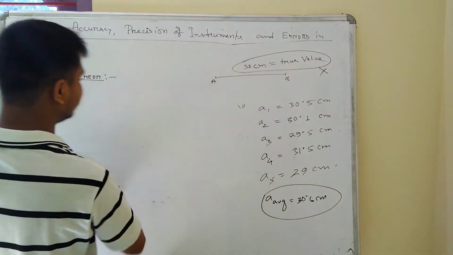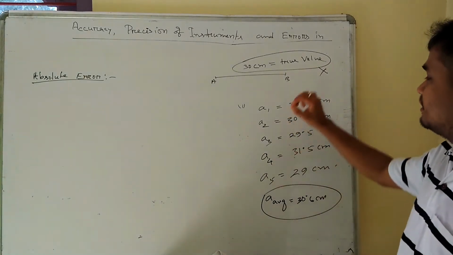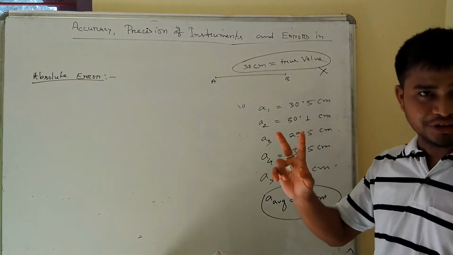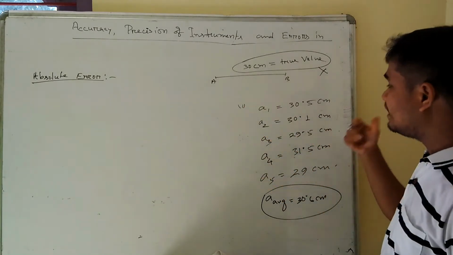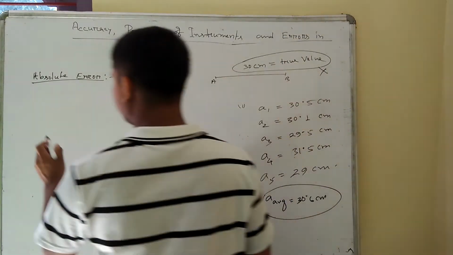Absolute error is nothing else. It is only the difference between the true value and the measured value. Absolute error is the difference between the true value and the measured value for the measurement.